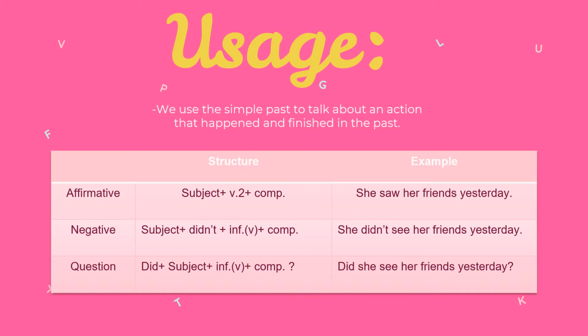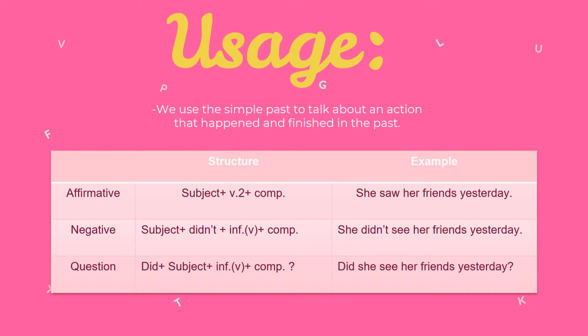So the structure of the sentence will be subject plus didn't, and pay attention that we are going to use the infinitive form of the verb. I told you before that didn't is a selfish word. It does not allow any word to be in the past except itself. So we have subject, didn't, infinitive form of the verb plus the complement.